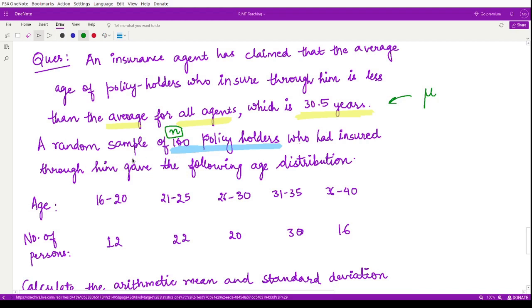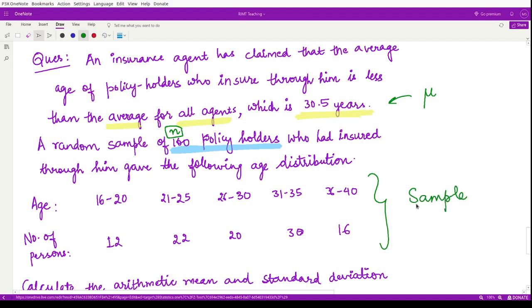So they are saying a random sample of 100 policy holders who had insured through him gave the following age distribution. So this is the age interval: 16 to 20, 21 to 25, 26 to 30, 31 to 35, 36 to 40. That is given to you, and the number of persons falling in these class intervals is also given to you. So this is the sample.